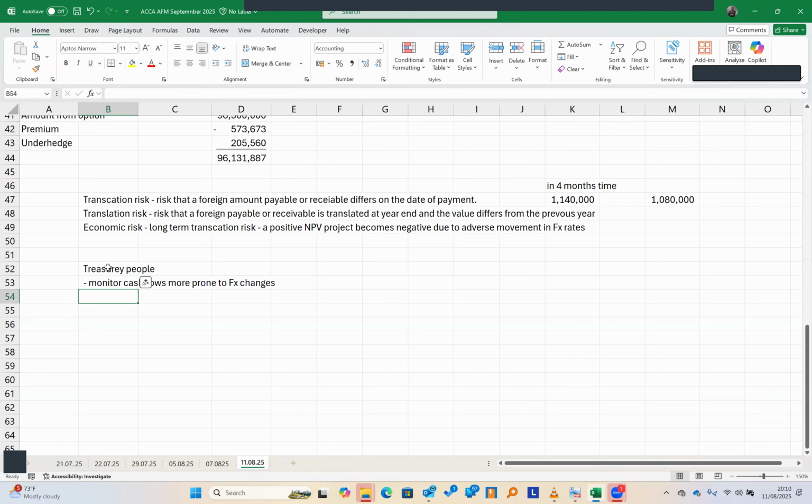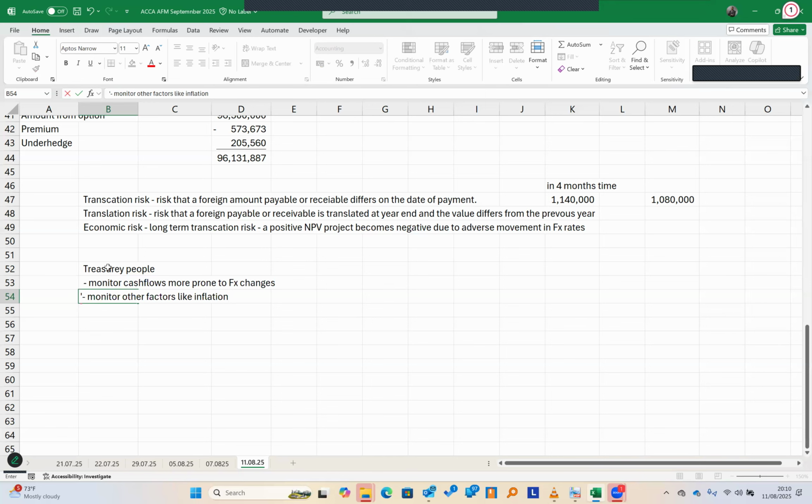So now, they also monitor, because remember these things are long term, other factors like inflation, okay, like inflation that may impact the exchange rate.